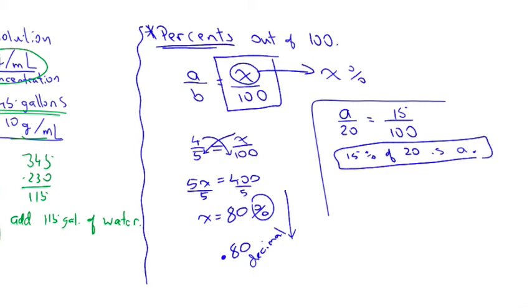So how do I solve for A? Cross multiply, you get 100A is equal to 300. So A is equal to 3. So if I do 15% of 20, the answer better be 3. Just a different way of looking at percents, by pure definition.